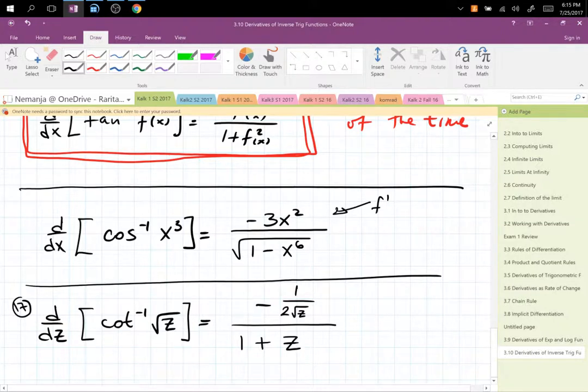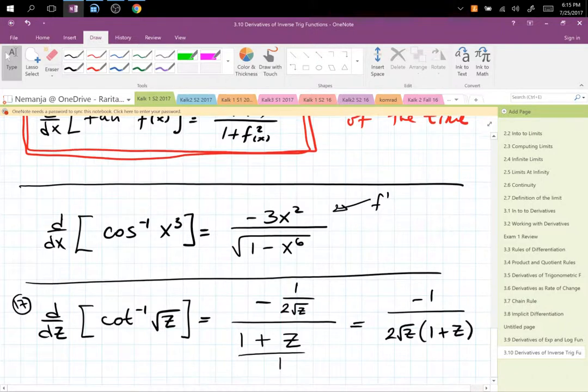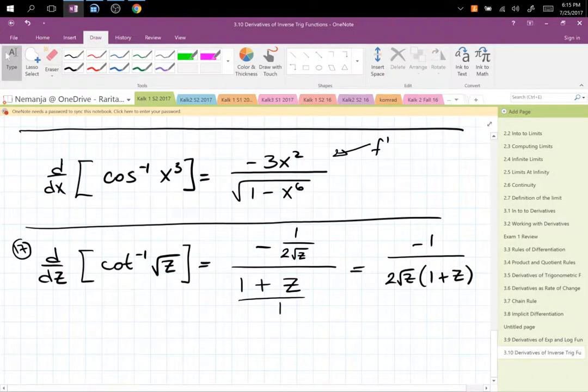Is this good? Now we're going to just do a little bit of algebra here. So this is over 1, double fraction. So we have negative 1 divided by 2 root z times 1 plus z, if you want to simplify a little bit.